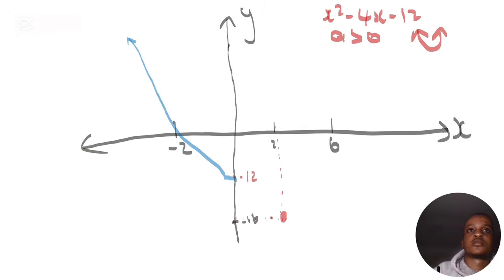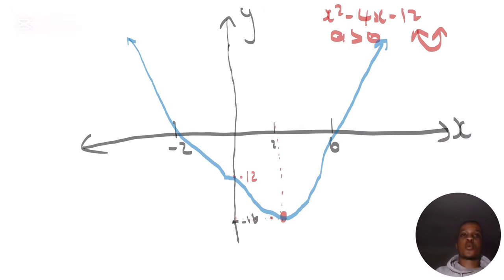Then I sketch the function. It goes there, negative 12, goes there, like that, right? But when you are drawing it, please try to draw it clearly. Go into negative 16. That is your coordinate.